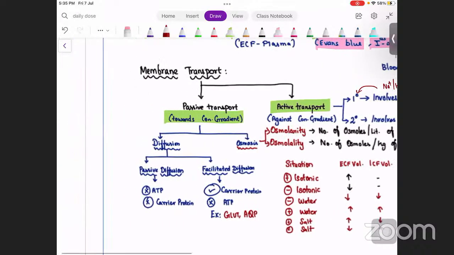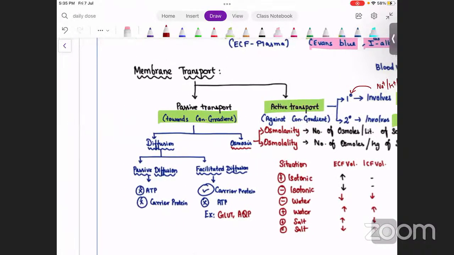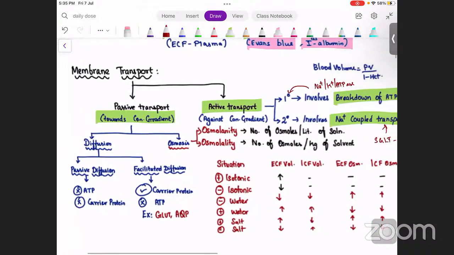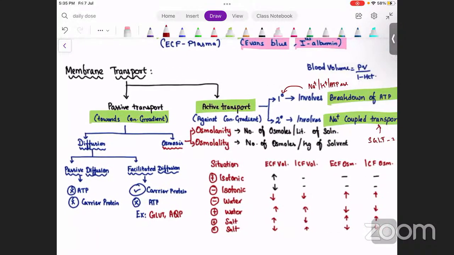SGLT2. Now, speaking about the passive transport, people, we have diffusion and osmosis. In osmosis, we need to know only two important concepts: what is the difference between osmolarity and osmolality? Molarity and molality are the differences you have to know.